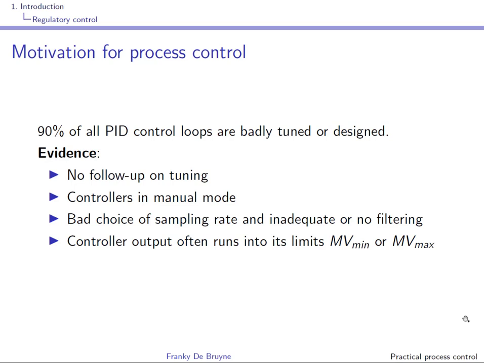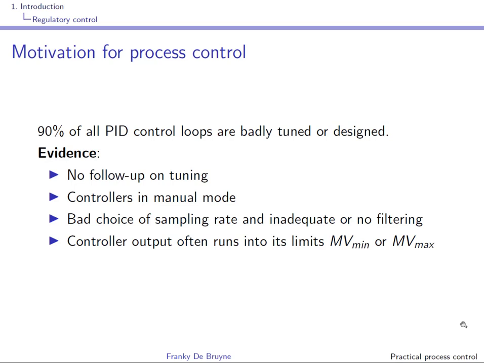Very often the sampling rate is badly chosen. So for instance, the sampling interval is chosen much too small. There is no filtering or inadequate filtering of PV, which means that the noise that is present on PV might find itself amplified at the output of the controller, resulting in, well, actuator problems.